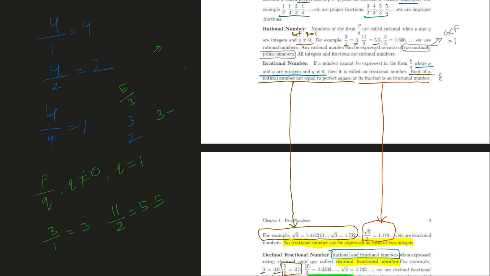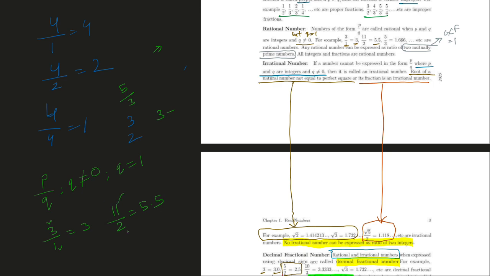Any rational number can be expressed as a ratio of two mutually prime numbers. In the first example, 3 and 1 are mutually prime numbers, that is, they don't have anything in common other than 1.